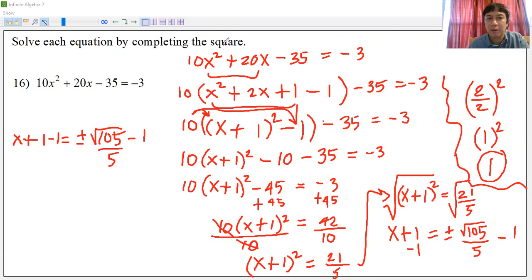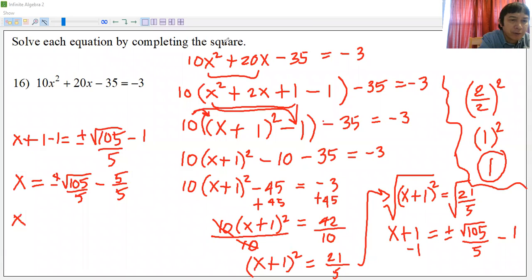But 1 is equivalent to a number divided by a number. We can use the number 5. So the left side here is x. We can write the next expression like this: plus or minus the square root of 105 over 5, and you can convert the 1 into 5 over 5. 5 over 5 is 1. So we can make now the denominator the same, and we can write our x1.